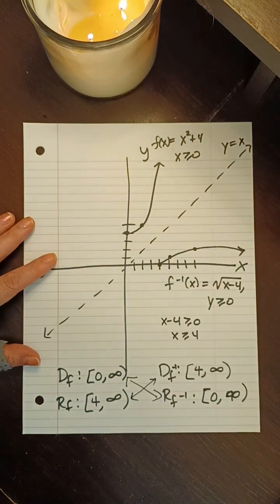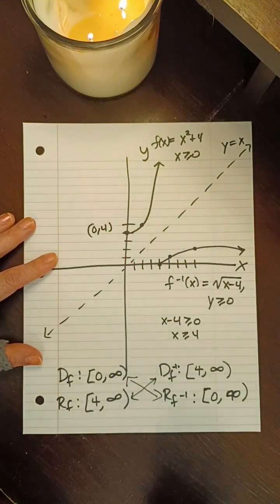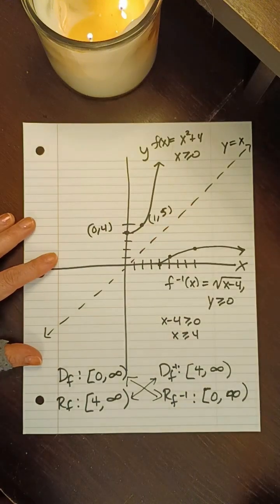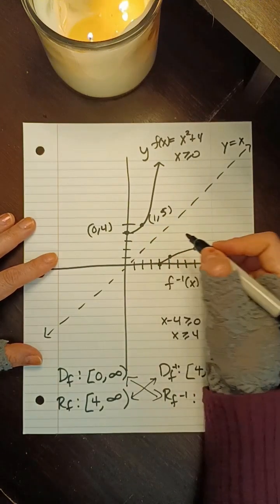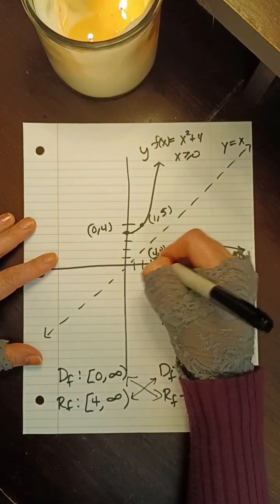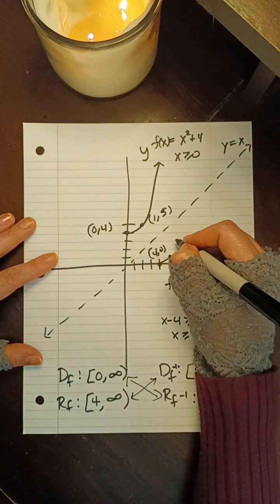This is the last thing I want to leave you with. So if I look at this point 0, 4, and this point 1, 5, let's see, this point 4, 0, and this point 5, 1.